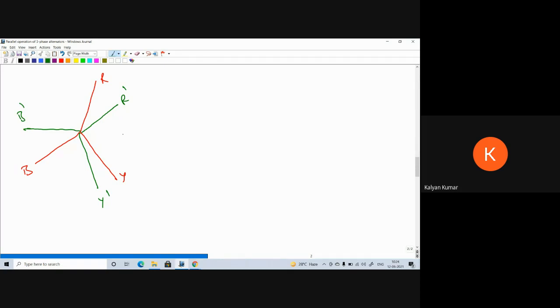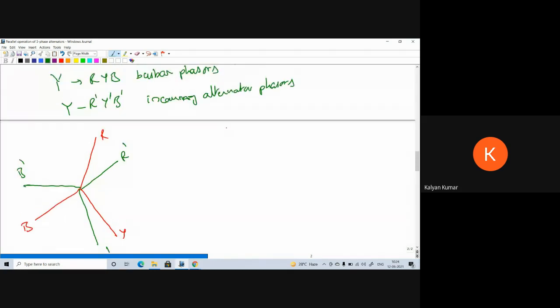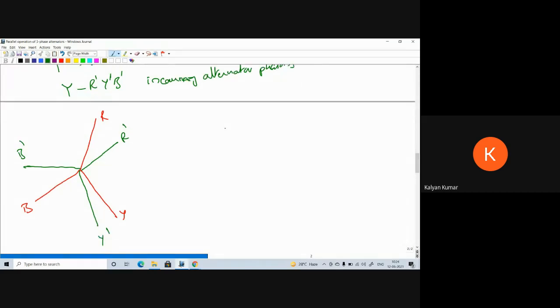So RYB represents bus bar phasors and R dash, Y dash, B dash phasors represent incoming alternator phasors.